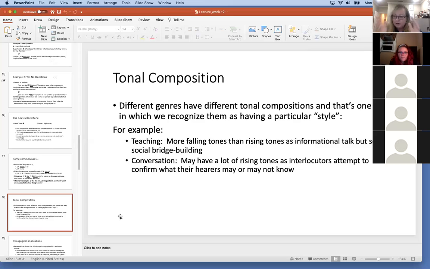Or there are other preachers that go the other way entirely and spend the whole time using falling tones and producing new information, telling you what you should know, telling you what you should be doing, and instructing you rather than working with you. So it's an interesting thing to take a discourse genre or a clip and look at that. And that's certainly something you can do with your students too, if you want to look at tone choice in that way.